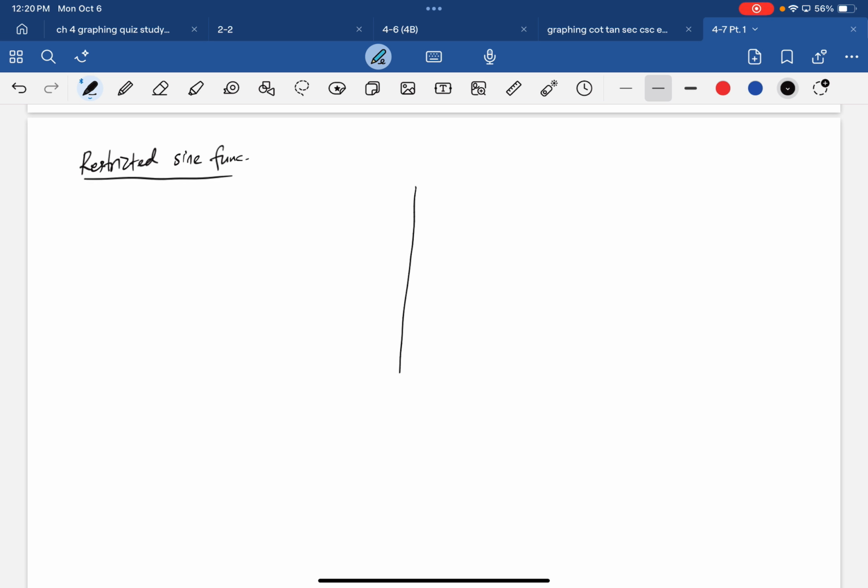So what this means is that if we were to graph our sine function again, I'm going to graph 2 periods like a good student. And I'm going to use the method that I showed you guys last time on the video, but not in the lecture because I wasn't thinking about it yet.